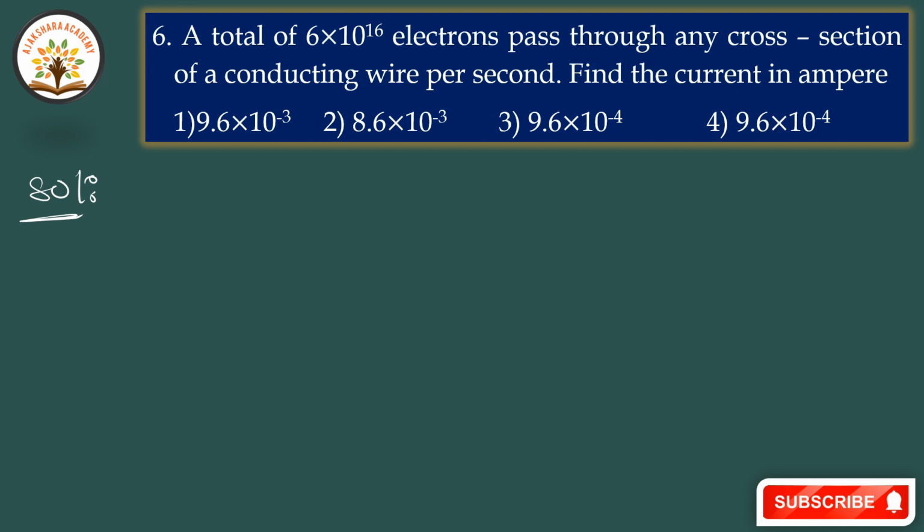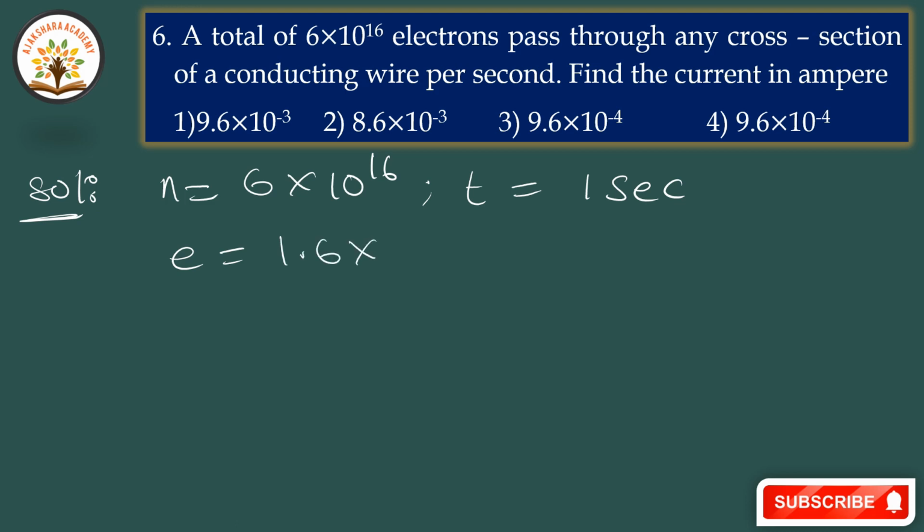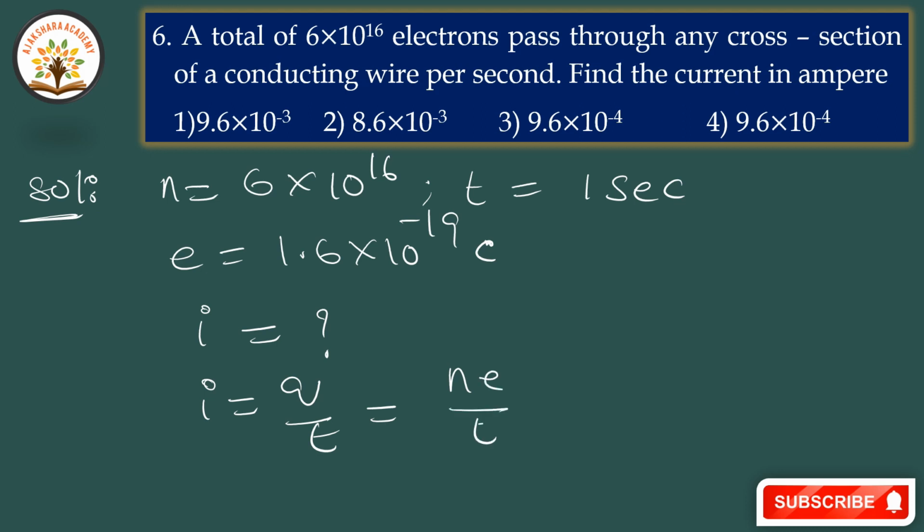Given n, the number of electrons, is equal to 6 into 10 to the power of 16 electrons, and the time given is t is equal to 1 second, and the charge of an electron is 1.6 into 10 to the power of minus 19 coulombs. Now we have to calculate the current in amperes. So I is equal to q by t, that is equal to ne by t.